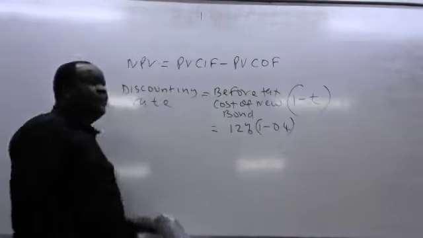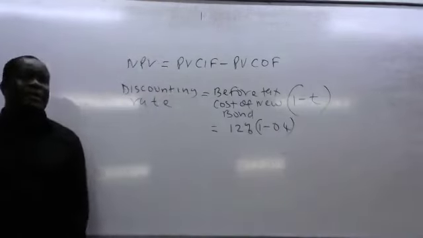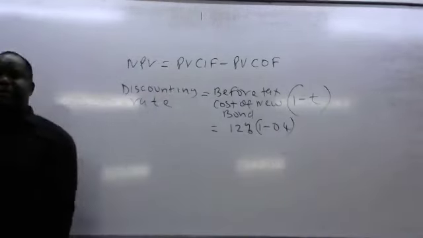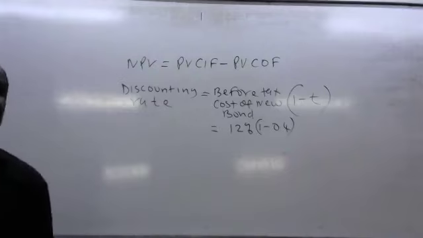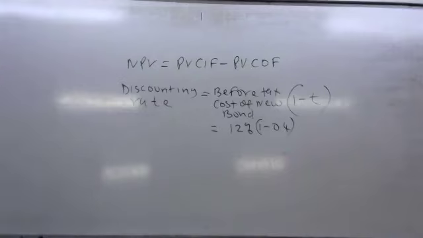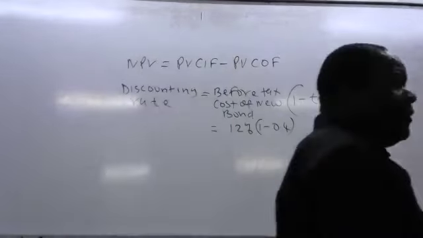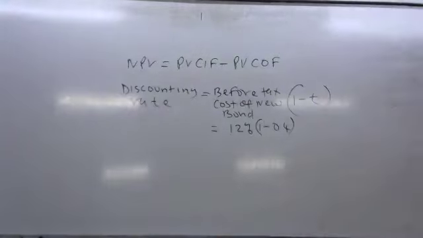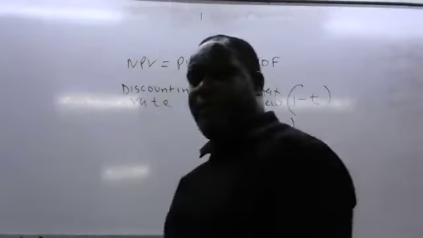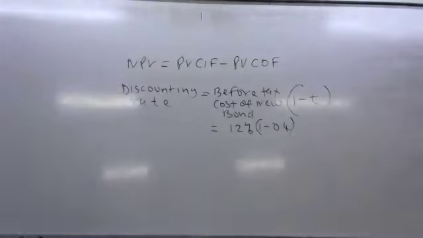The tax rate was 40%. So the interest rate on the new bond, remember we are getting 12%, is the before tax cost of the new bond. That figure was given in the question. Sometimes it may not be provided. So you are getting 7.2, isn't it?